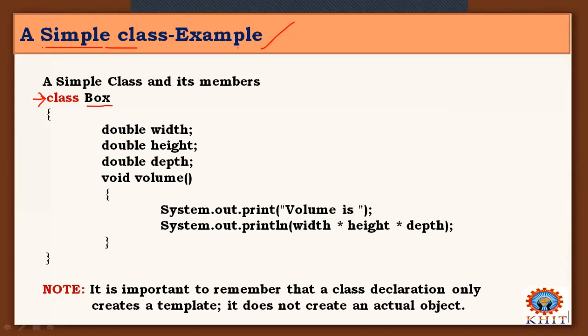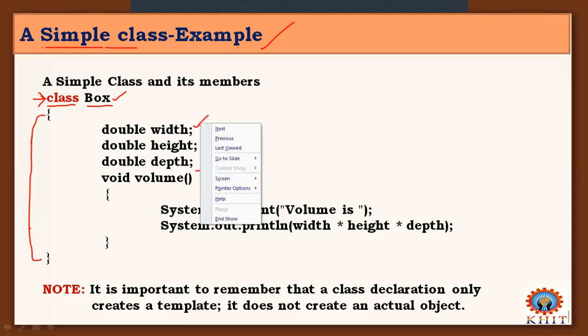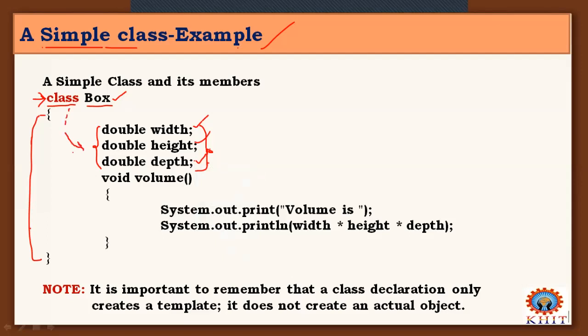Box is the class name, the class keyword followed by the class name, and the class has its scope. Inside this I have member variables related to the box: width, height and depth of the box. These are considered member variables or instance variables of the class.